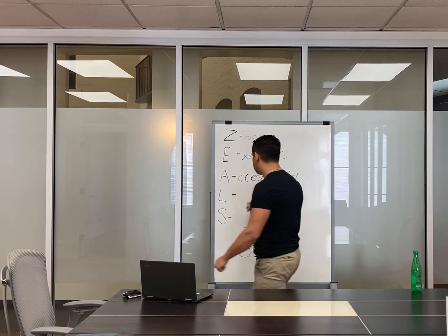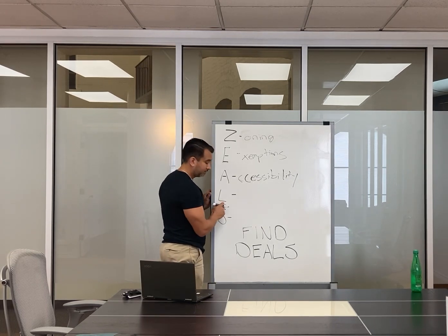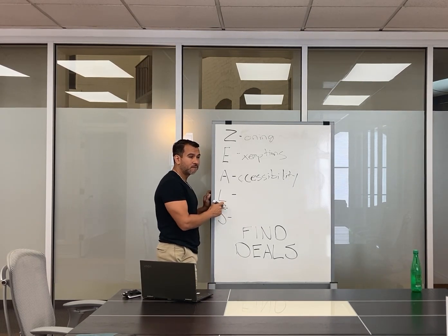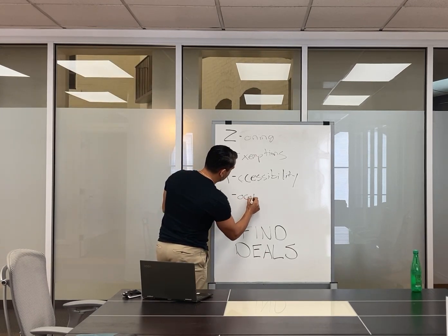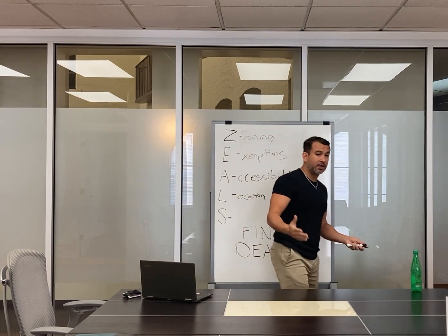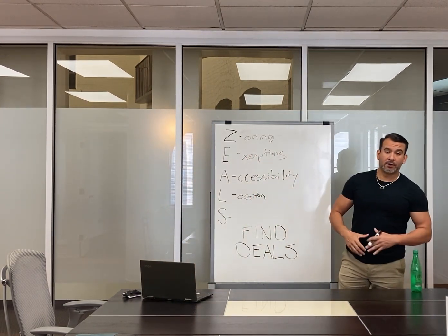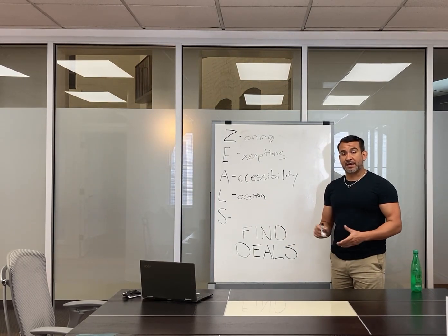L, this one you guys probably know. You guess the L? Give you a minute. Location, right? So the L stands for location. When we're looking at real estate, location is everything, right? We want to know what's going on in that area. Is that an up and coming area?